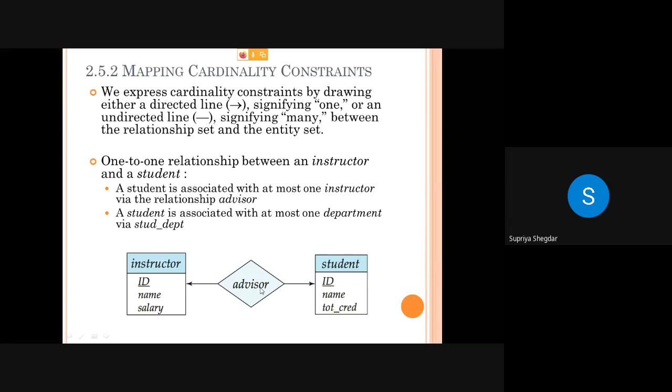So we can represent it with the arrow or directed line between the relationship set and that particular entity set. If the one-to-one relationship is there, we represent it with a directed line. If the many relationship is there, we represent it with an undirected line.